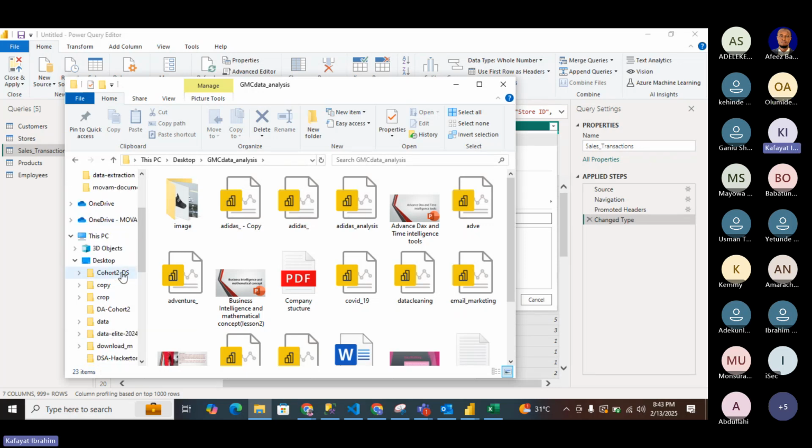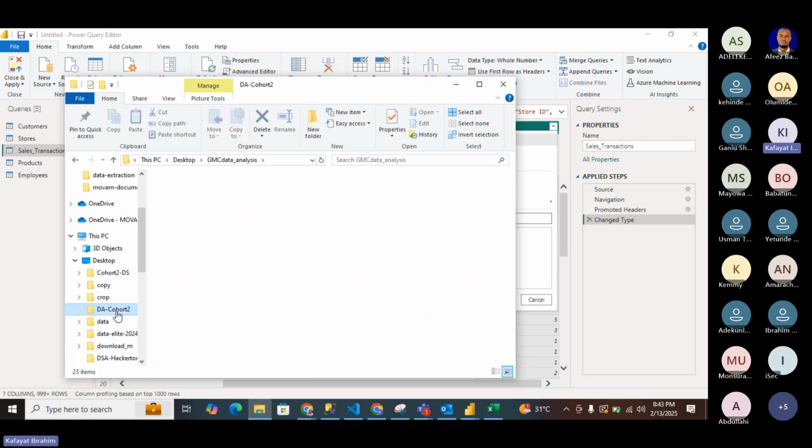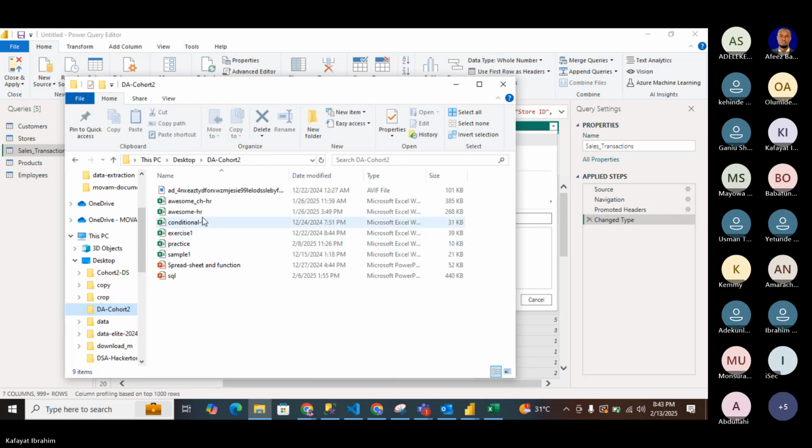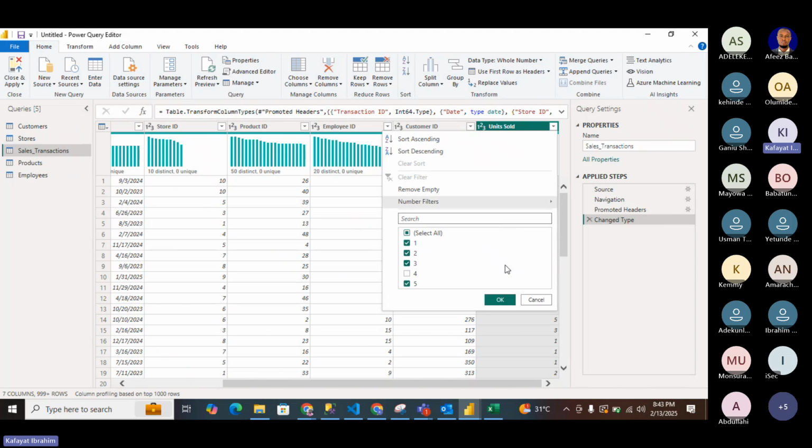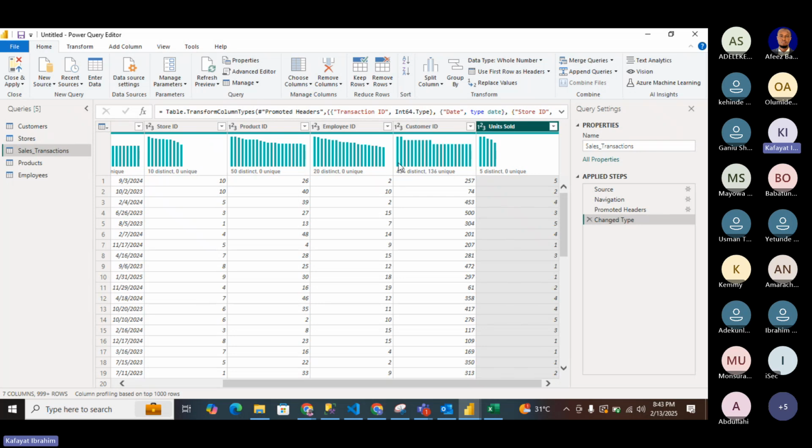Cohort 2DA is cohort 2DA. Okay, so let me load this first. Then I will import another data. So you see how missing value looks like. You get me?